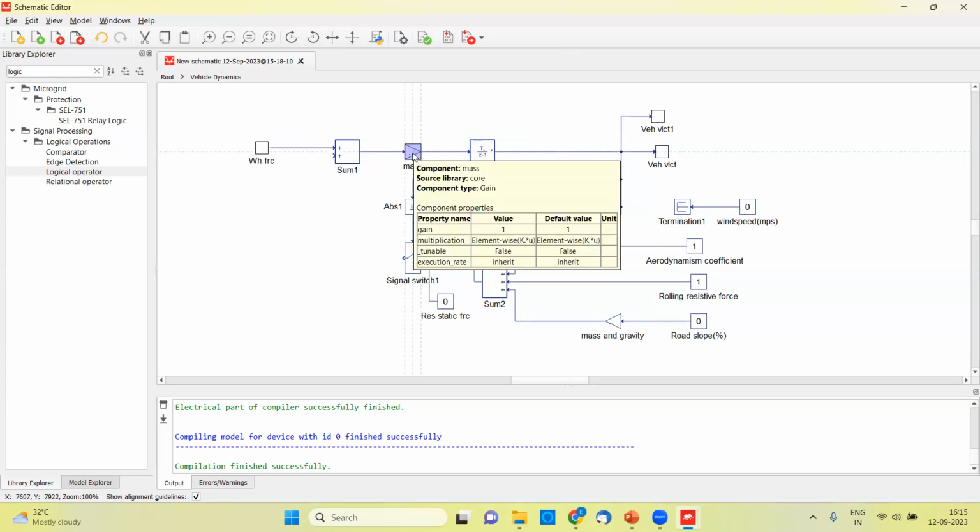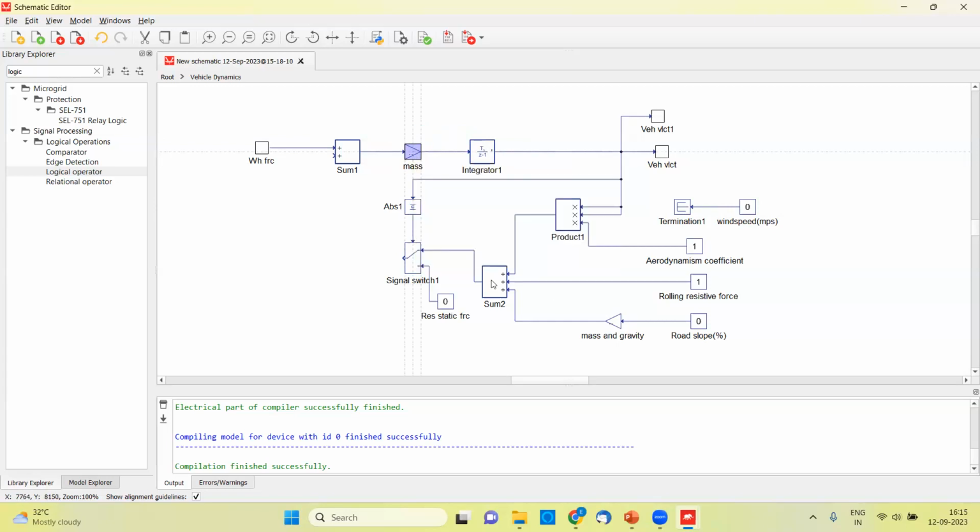And mass will anyways be taken into consideration for all the forces, because weight is going to play a role in every force. That is why we have used this mass block over here, and we have given it as an input so that it is product with all the forces except this force, because road slope is 0. So we have taken mass and gravity together over here also, but it is not going to create a difference in the overall output.